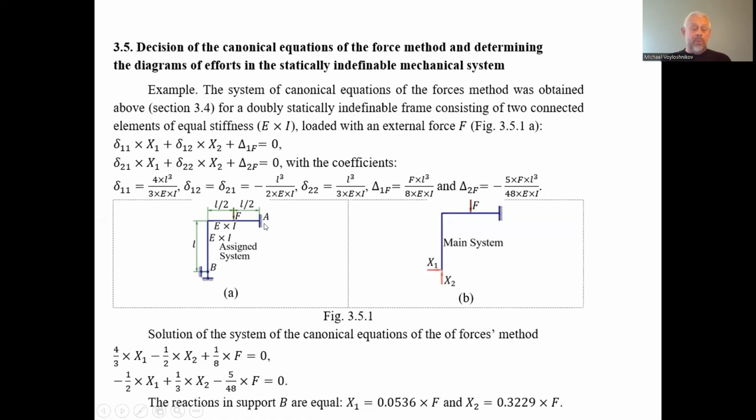Like for the point A, we can make a change, for example, to put instead of the point A a sliding hinge maybe. But anyway, we decided to remove the supporting links from the point B and to have the main system.